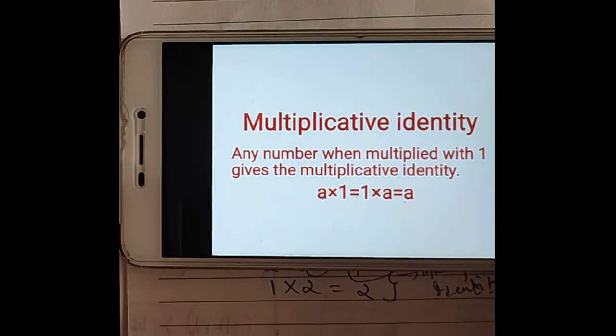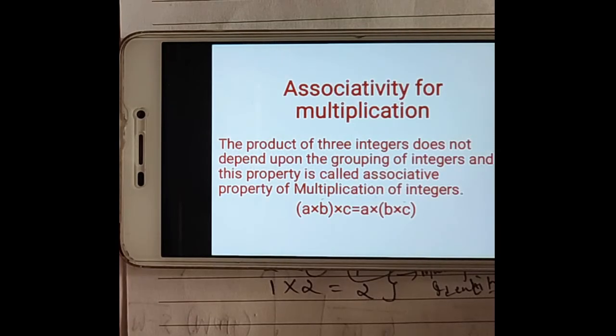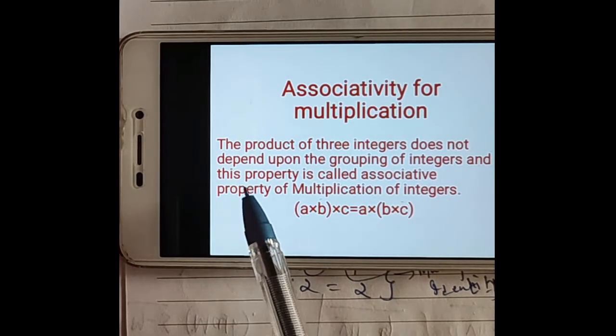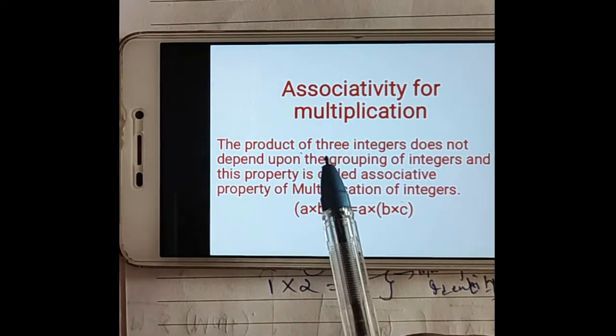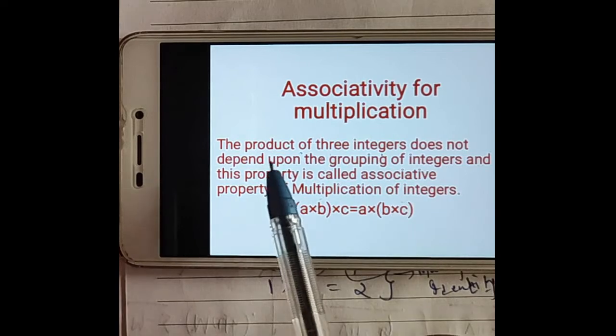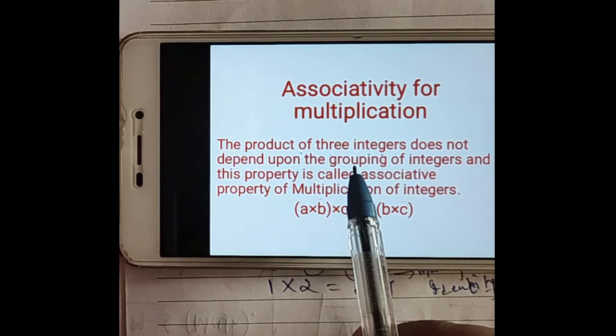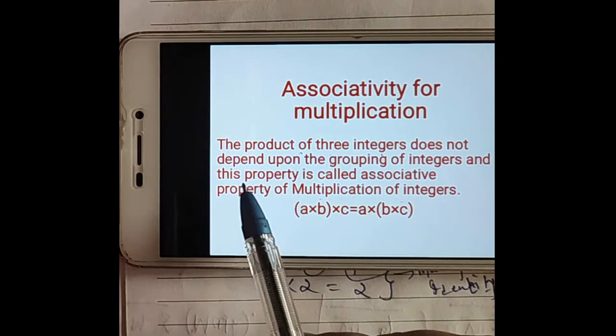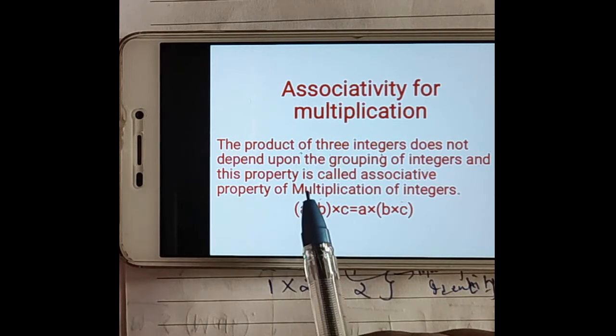Moving on to the next property, we have associativity for multiplication. This one we have done for addition, right? Associativity means that with 3 or more numbers, we are going to get an associative result. So the product of 3 integers does not depend upon the grouping of the integers, and this property is the associative property of multiplication of integers.